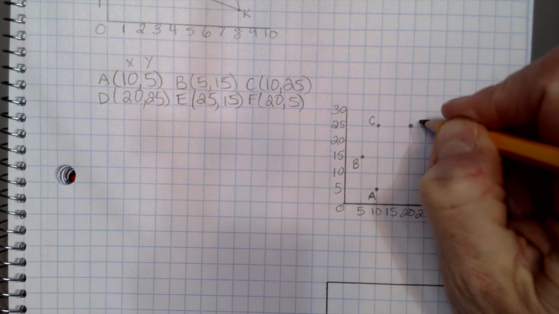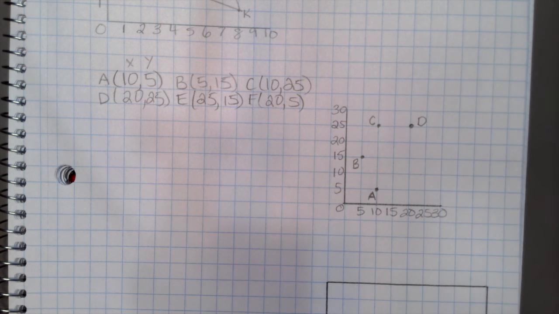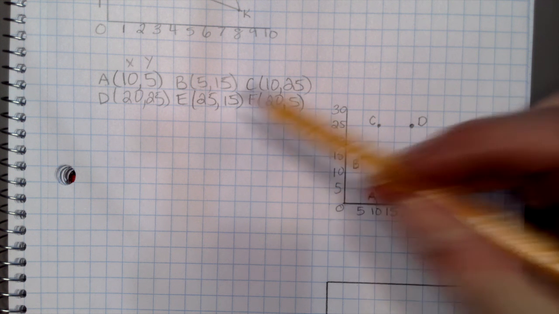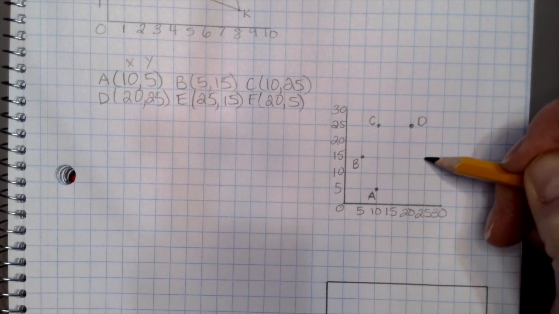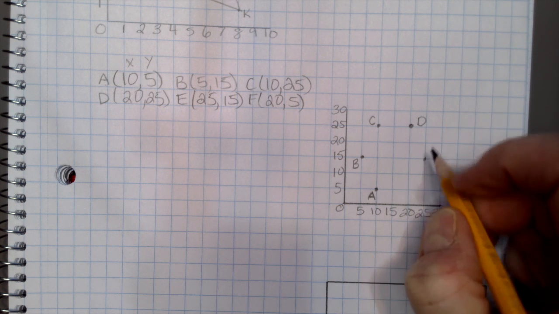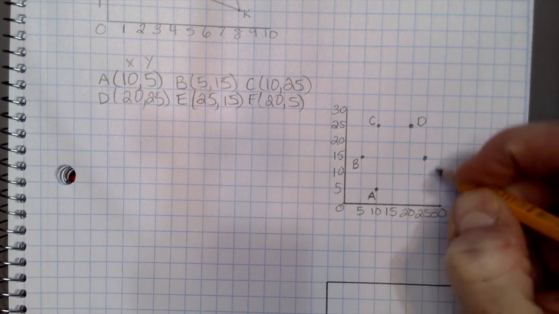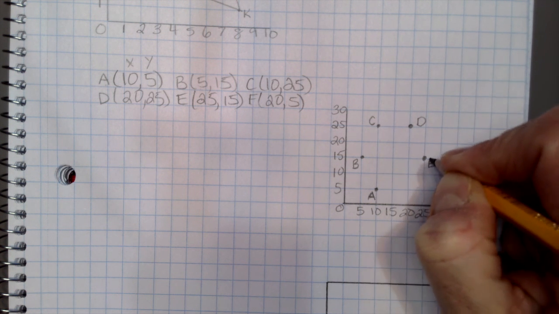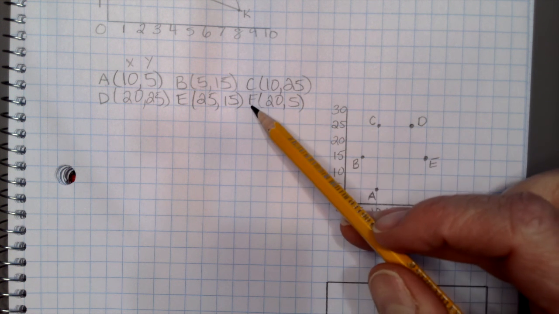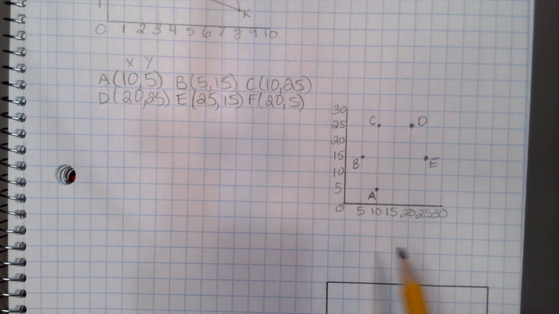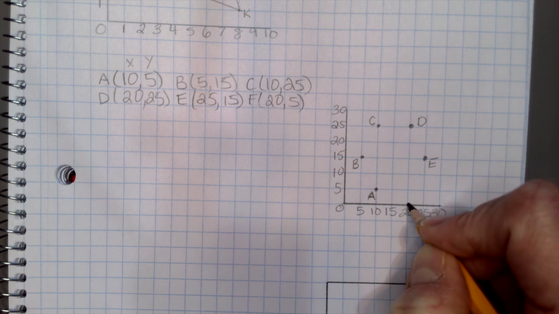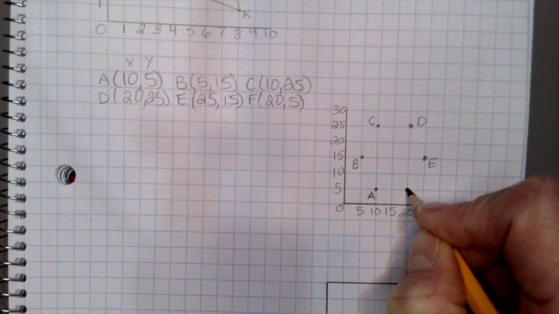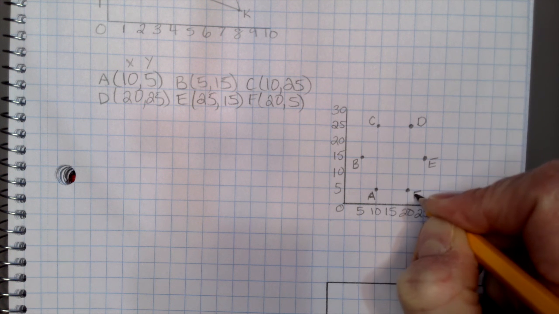Make a nice point, label it D. Point E, the ordered pair is 25 and 15. We make our point, label it E. And the last point, F, the ordered pair is 20 and 5. We go over to 20, up to 5, make our point, and label that F.